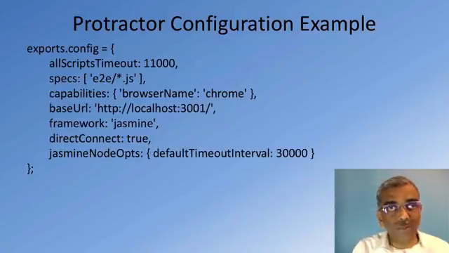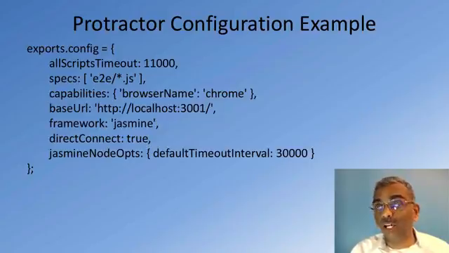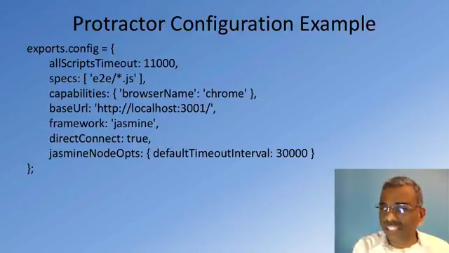So that's why I specify the base URL as http://localhost:3001. If you set up your application on a real server, you would specify the URL for that server there, where your application can be accessed. In my case, I am running the server on the same machine, so that's why I specify localhost 3001.